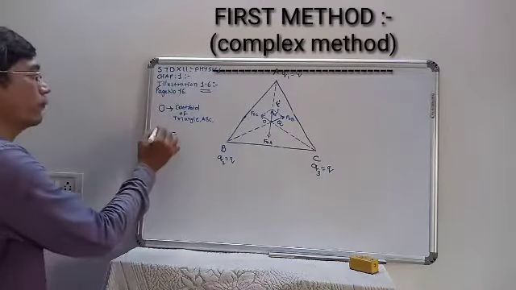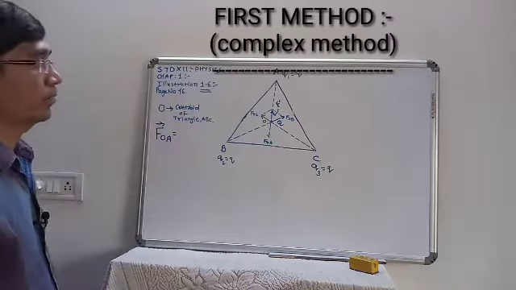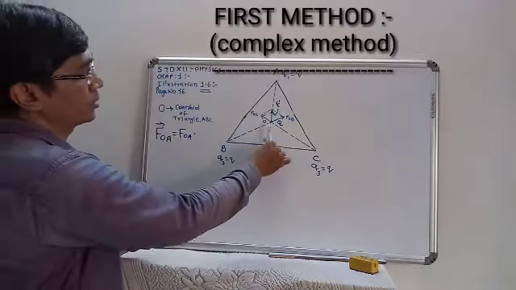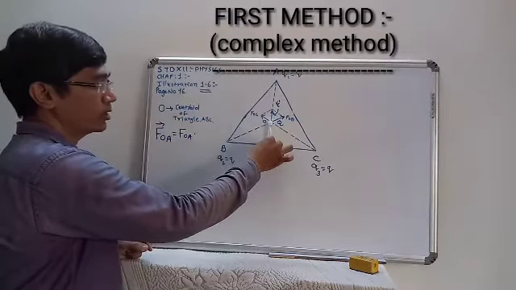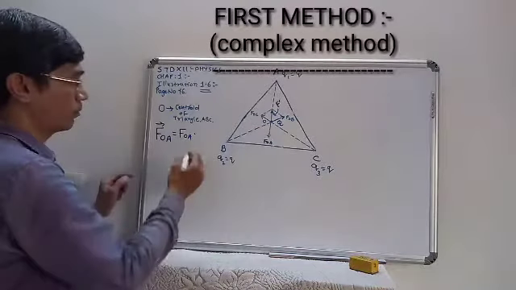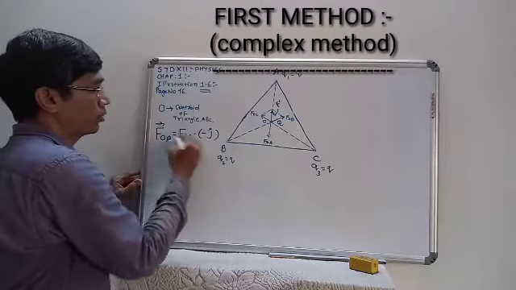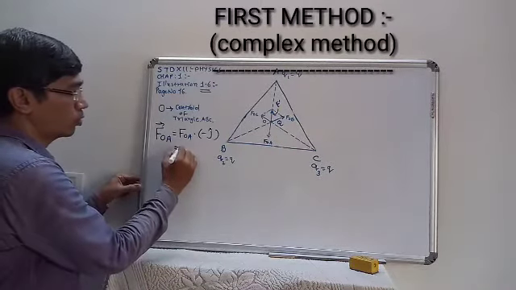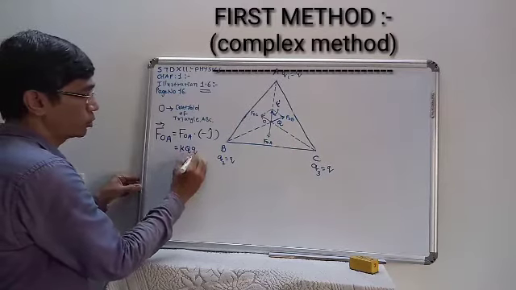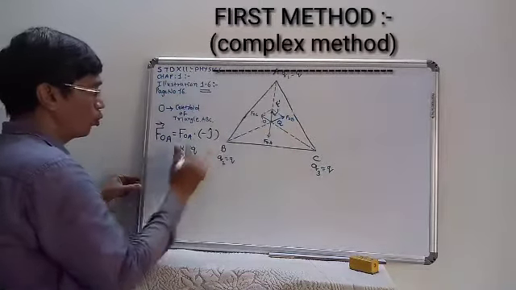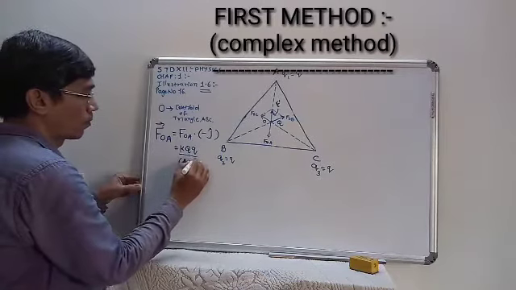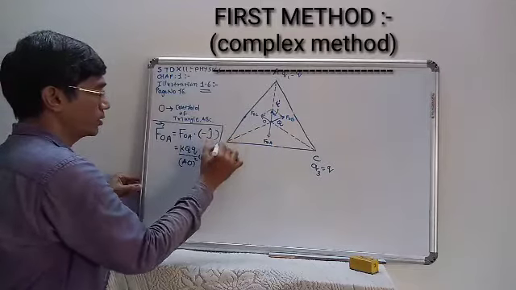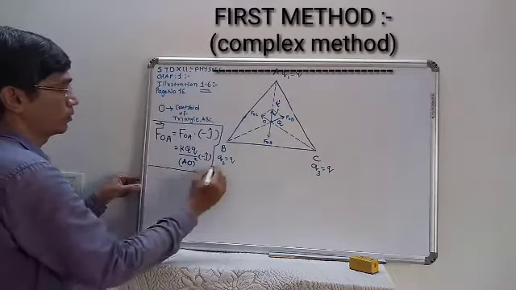We can write FOA is given by FOA value into direction, and in the minus y direction there is the unit vector minus j. Now the value of FOA is given by Coulomb's law, K capital Q small q upon AO square, into minus j. This is the first equation, equation 1.